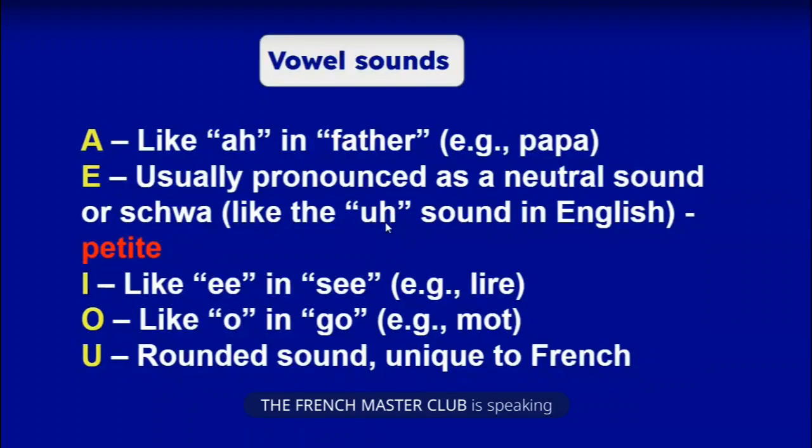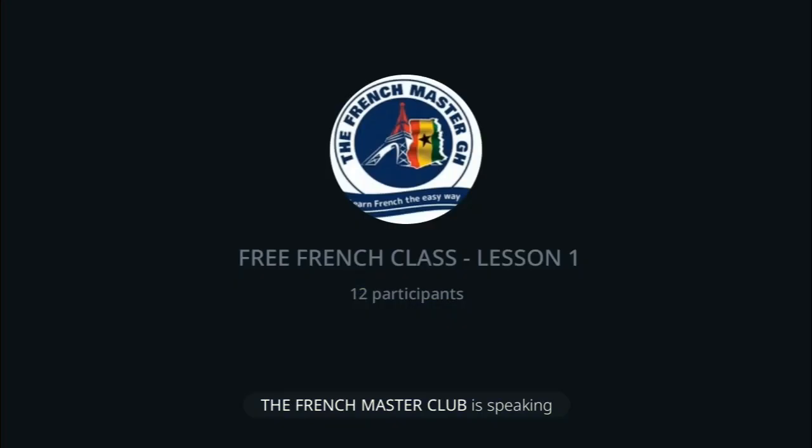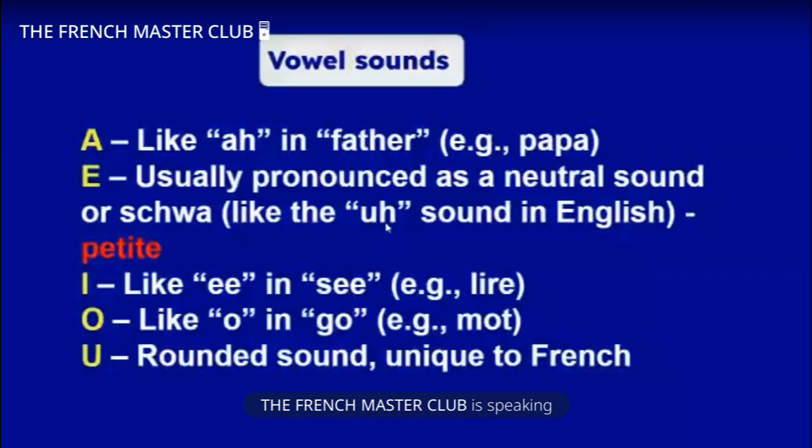Let's go to the sound E. E is a vowel, right? Like the example petite, in red. We have the sound P, and then the sound E, making petite. But when the E ends a particular word, it becomes silent.